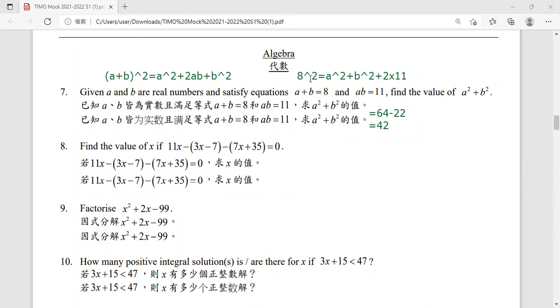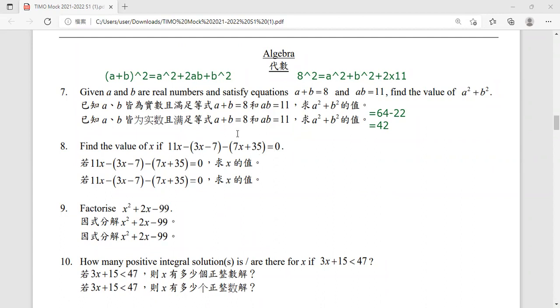The answer of a and b is not a rational number, but you can use this identity, then you can substitute the right one and get an answer. a squared plus b squared minus 2ab is equal to a minus b, the whole thing squared.